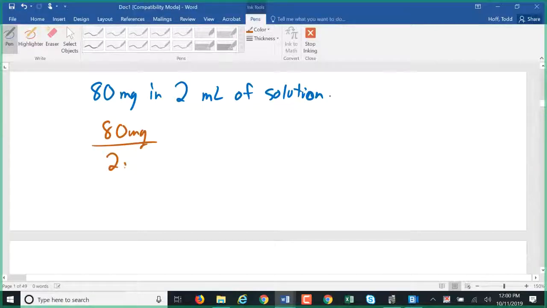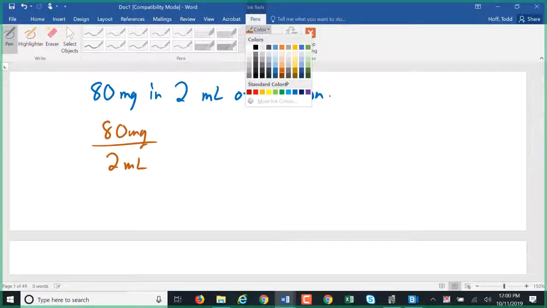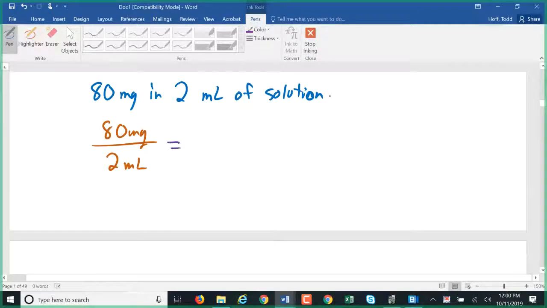80 milligrams over 2 milliliters, well, once again, 80 milligrams has to be converted to grams. How many grams is that going to be? 0.08, good.